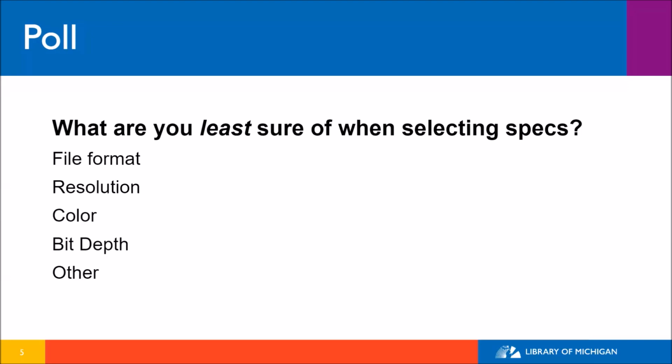So it looks like mostly bit depth is what people are most unsure about, but otherwise file format, resolution, and other. And it looks like in the chat, other is all the many specifications you can set for PDF files. Ooh, okay. Well, we'll touch on PDFs a little bit, but definitely good to write down to address in future webinars.